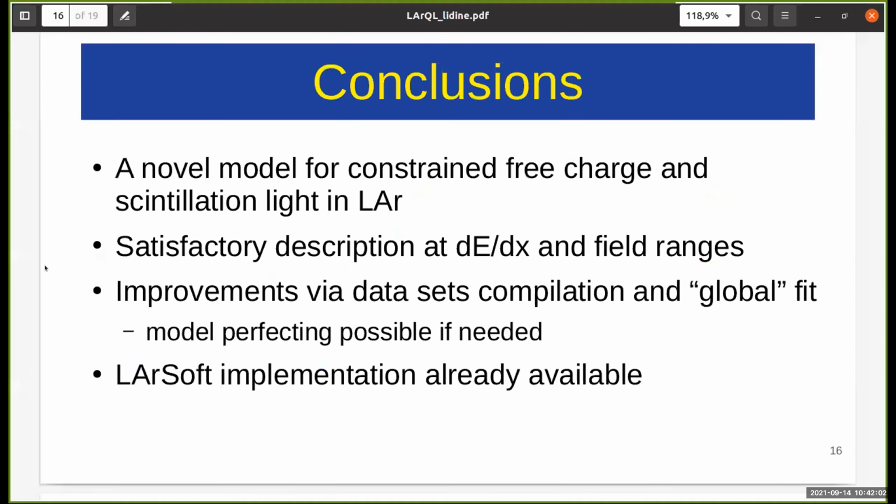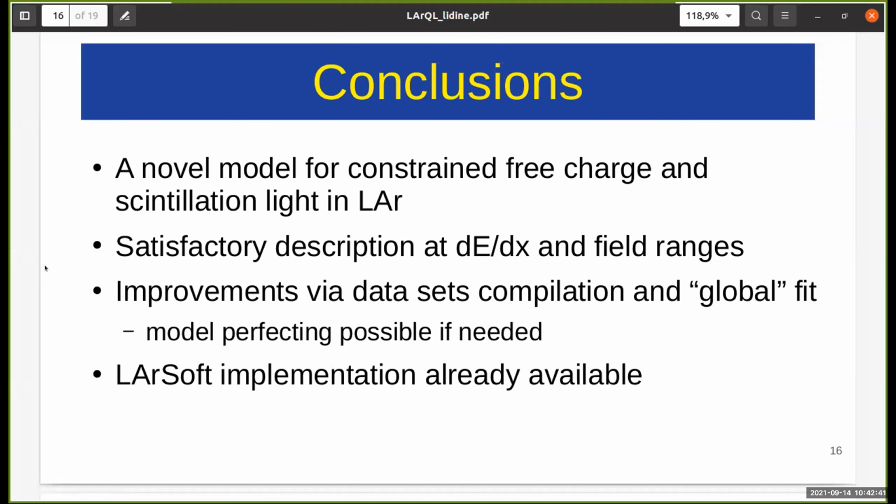So in conclusion, what we get is a model that seems to be working nicely, giving a good estimate of the free charge and the scintillation light for liquid argon in the range of dE/dx and electric field ranges that we are interested in for LArTPCs. There is room for improvement of this model, be it using different data sets that we haven't included yet and making a global fit, or perhaps there is still room for model perfecting if needed in the future.